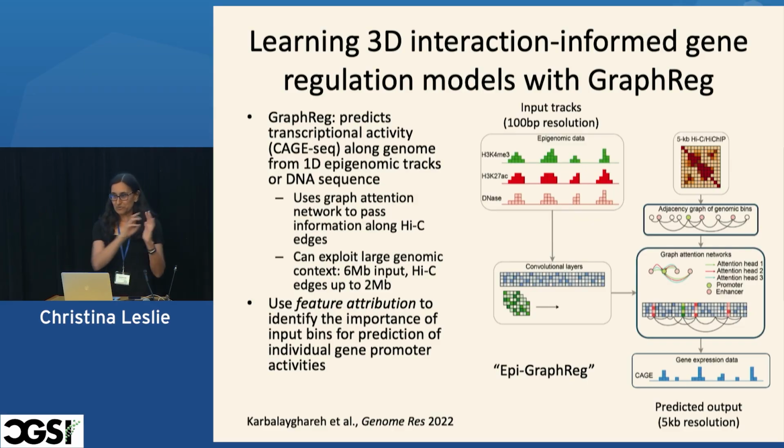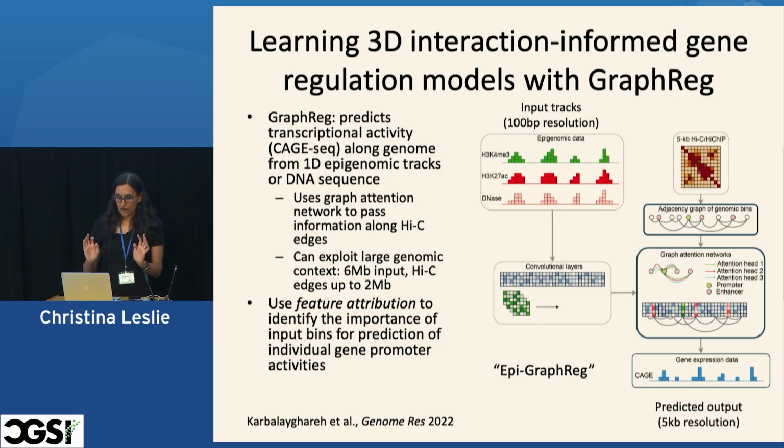Roughly speaking, we think of the genome as a graph where the vertices are 5 kb bins, and the edges are interactions defined by Hi-C between 5 kb bins. So 5 kb is the resolution of the Hi-C data, okay?